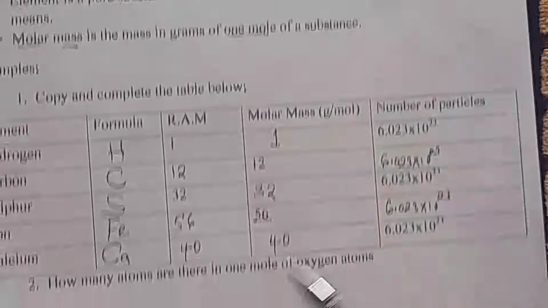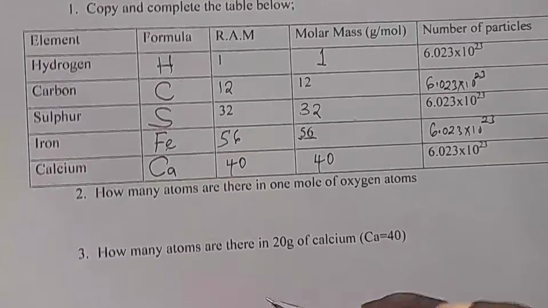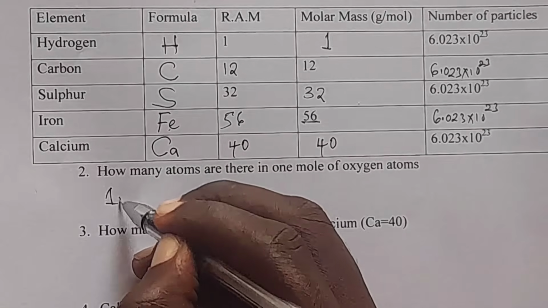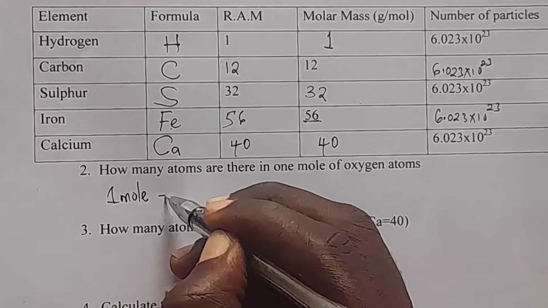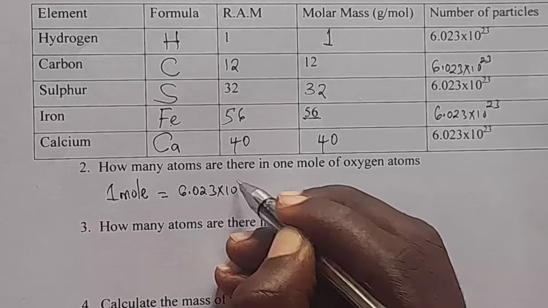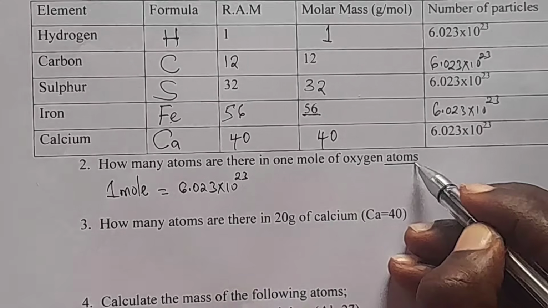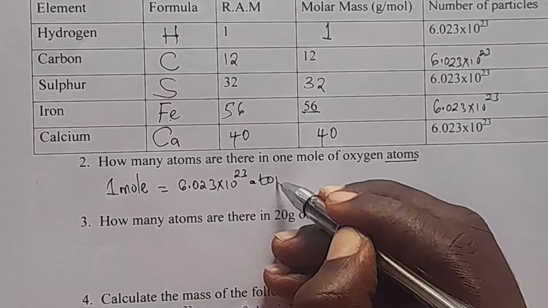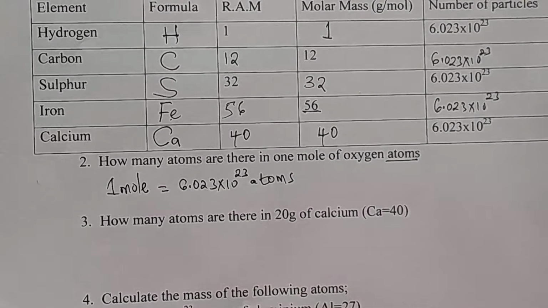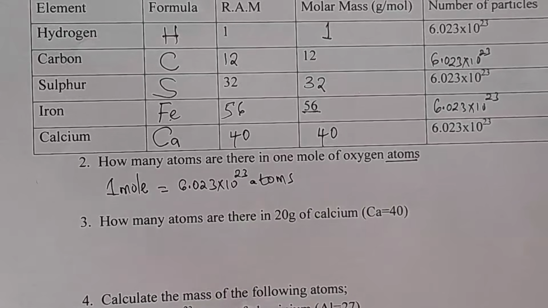So when you are told how many atoms are there in 1 mole of oxygen atoms, we are going to say 1 mole of oxygen atoms contains 6.023 times 10 power 23 number of particles. But the particle that we are talking about in our case here will be atoms. So the answer will be 6.023 times 10 power 23 number of atoms.